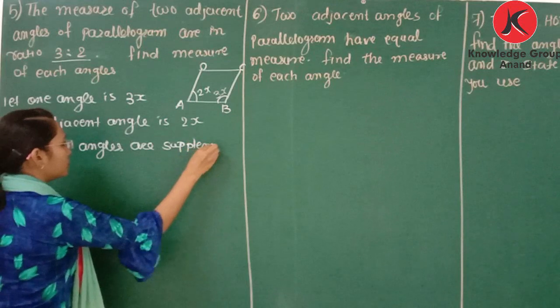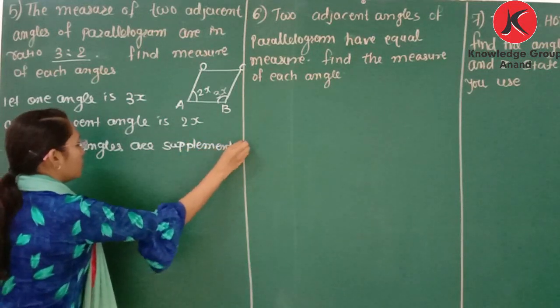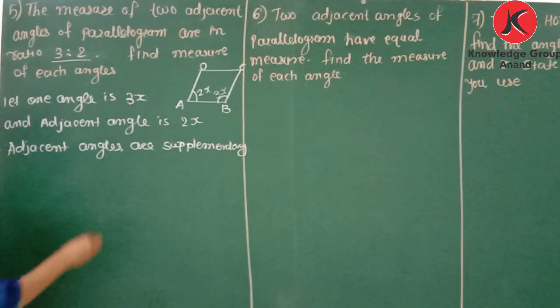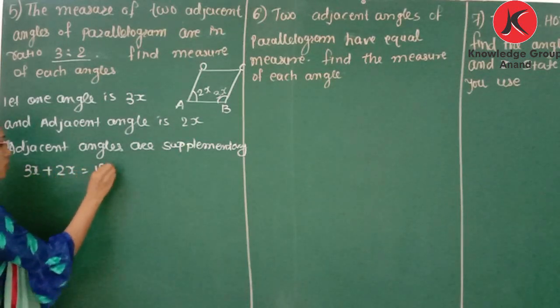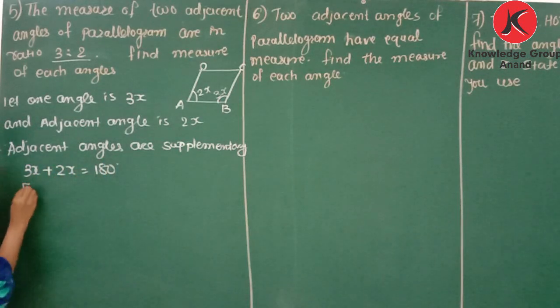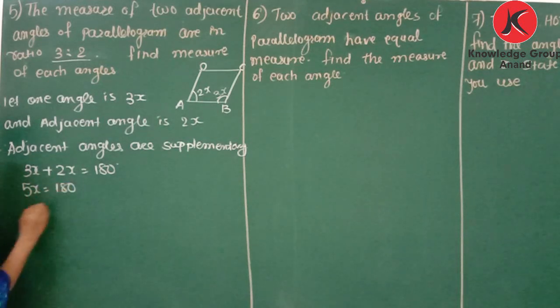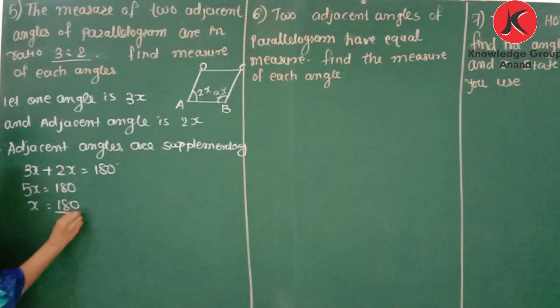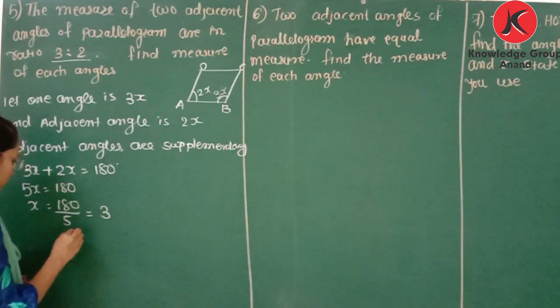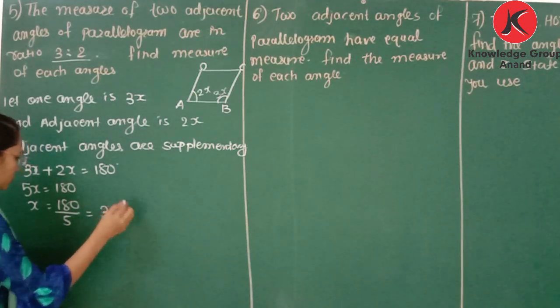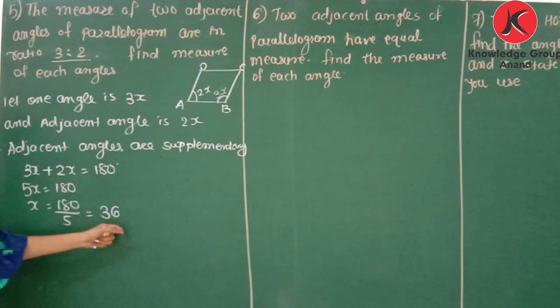Supplementary means the measure is 180. So you can write 3x plus 2x is equal to 180, 5x is equal to 180, x is equal to 180 divided by 5, so x is equal to 36.